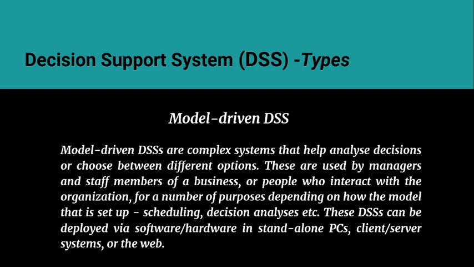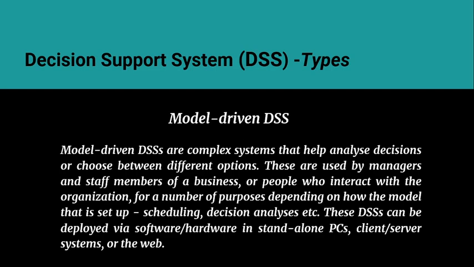They are used by managers and staff members of a business or people who interact with the organization for a number of purposes, depending on how the model is set up, including scheduling, decision analysis, and many other areas. Under this type of DSS, the technology deployed may be software or hardware in standalone personal computers, the client-server system, or the web.